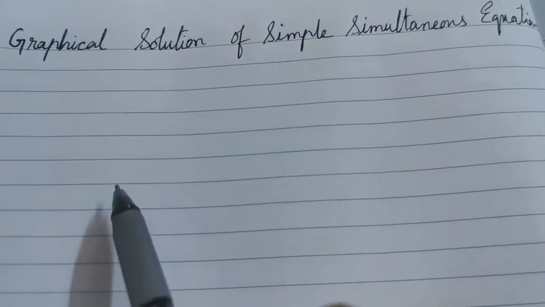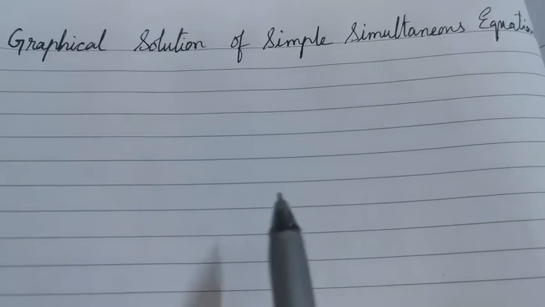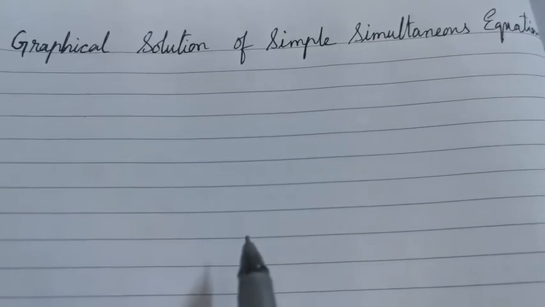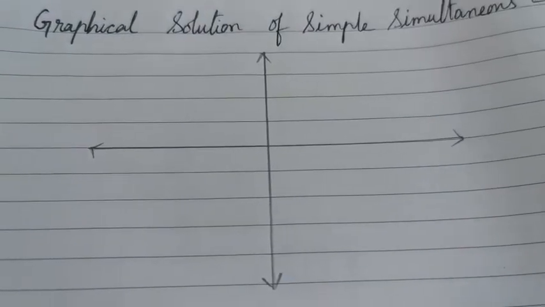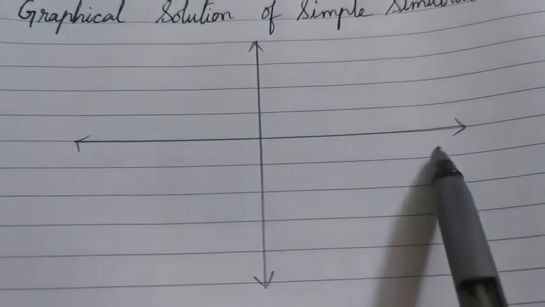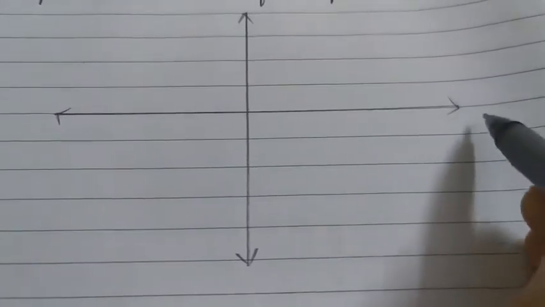So in order to do this, we need to know well about graphs. Like we need to know how to mark the points on a graph sheet in an appropriate manner. A graph sheet can be divided into 4 parts using a horizontal line and a vertical line. The horizontal line denotes the x-axis.